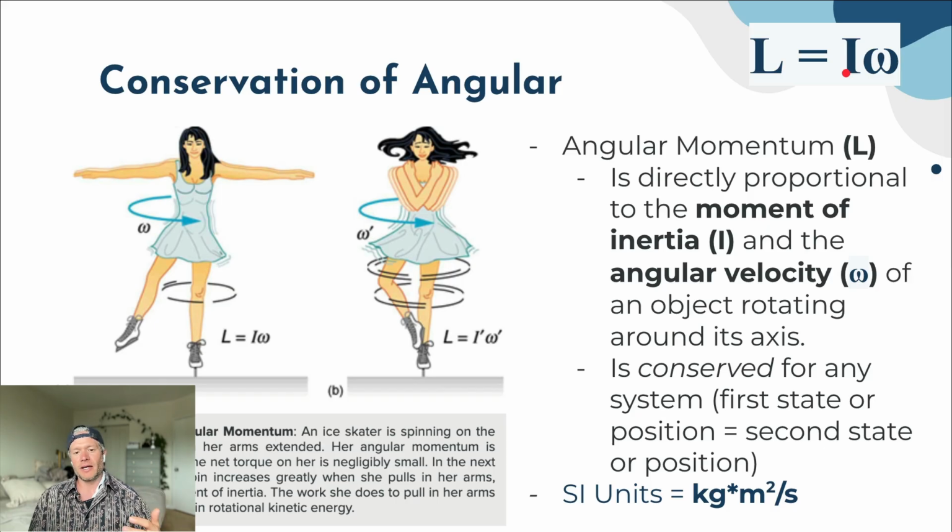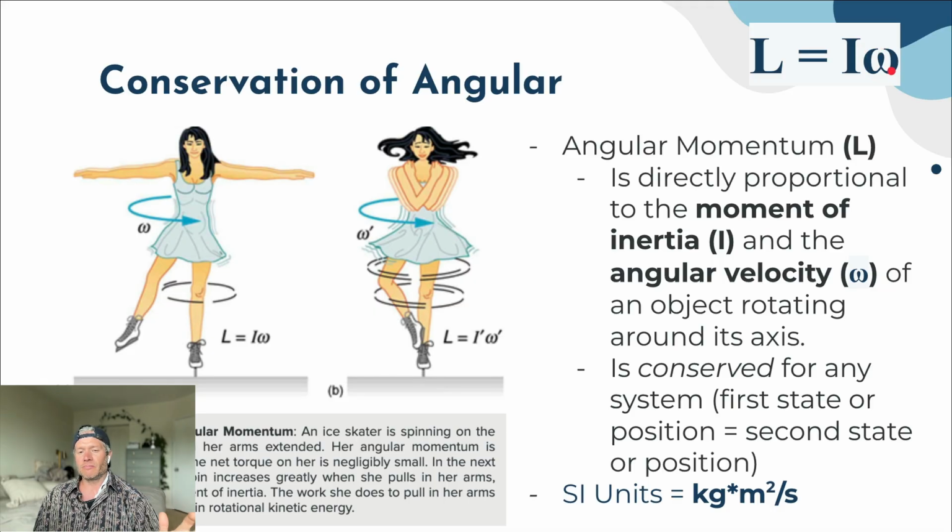Our mass in kg times our R value in meters squared, the distance from the axis point to whatever our mass is. So that's our moment of inertia, this capital I. And then how fast rotationally that's traveling, right?